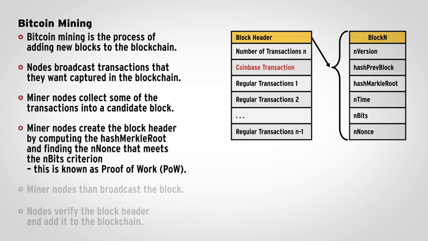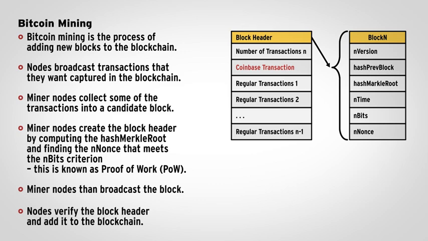The miner node then creates the block header by computing the hash Merkle root, which is easy, and finding the nonce that now meets the difficulty level specified by nBits. The process of finding this hash is known as proof of work. The miner node transmits the block with the nonce that it has found to all the nodes. The other nodes can quickly verify that the block is valid and add it to the blockchain.